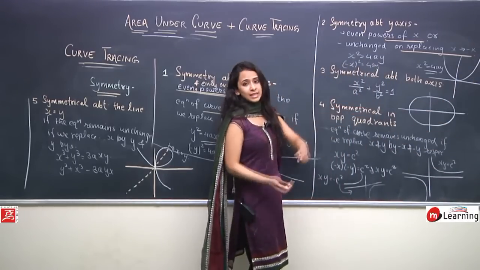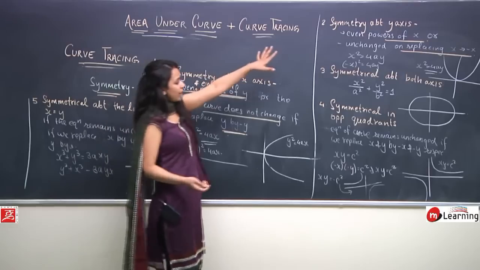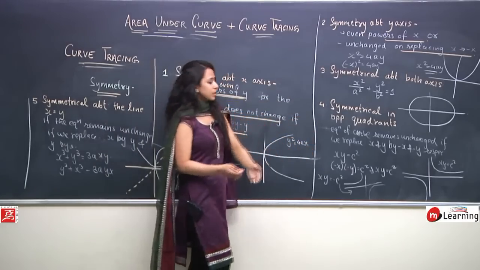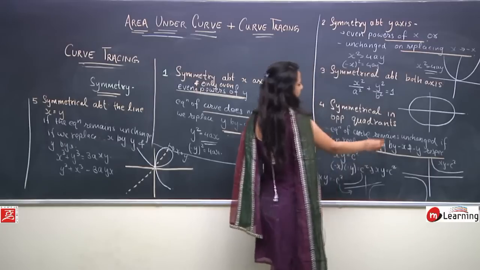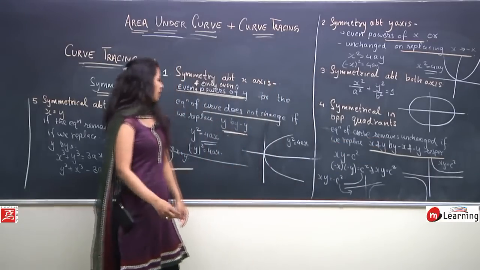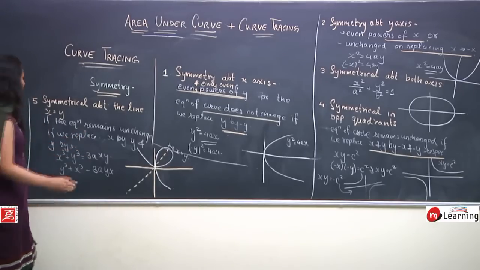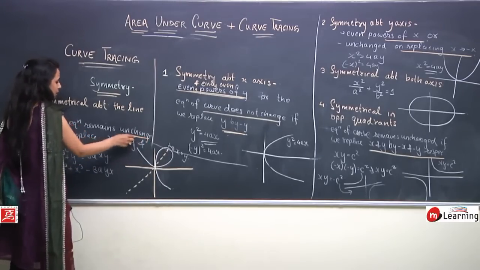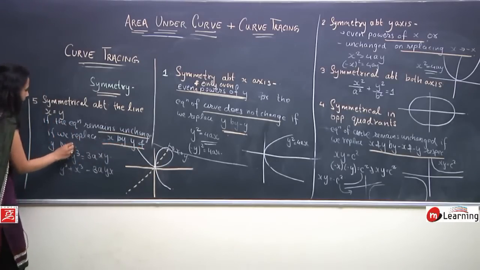Symmetrical about both the axes, दोनों conditions एक साथ, x axis के भी और y axis के भी. Symmetrical in opposite quadrants if the equation of the curve remains unchanged on replacing x by minus x and y by minus y. And symmetrical about the line x equals y if the equation remains unchanged if we replace x by y and y by x.